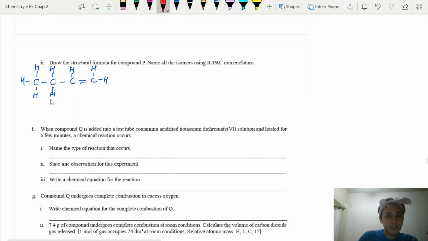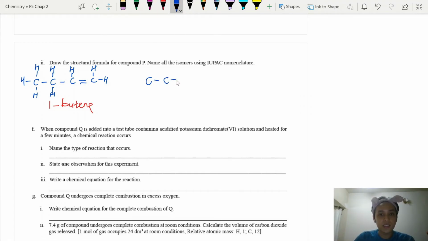Since my double bond is at the first carbon, it's 1-butene. Then remember, we shift the double bond first. So I'm going to shift the double bond to the second carbon, and then we see whether it's same or different.